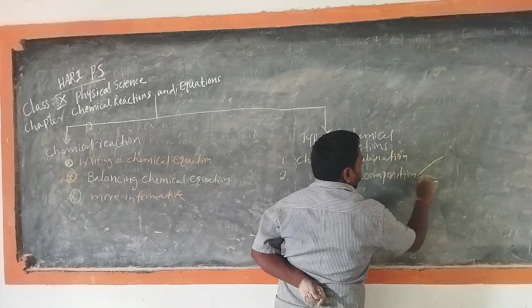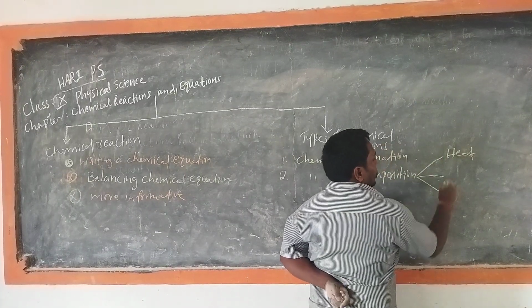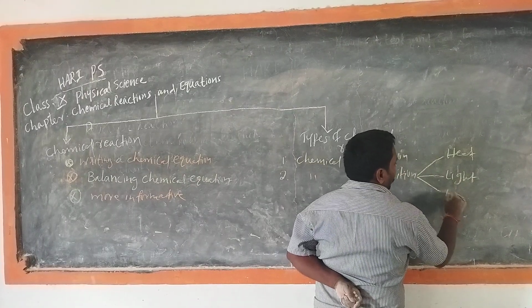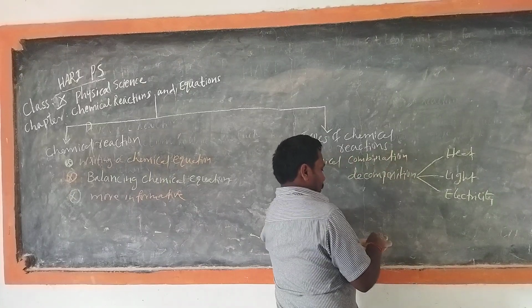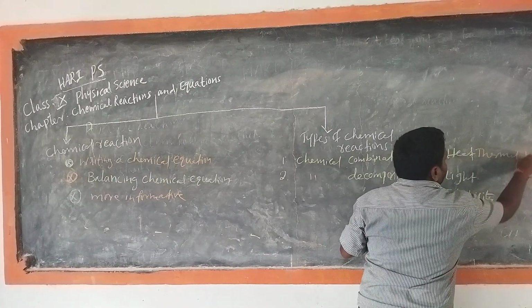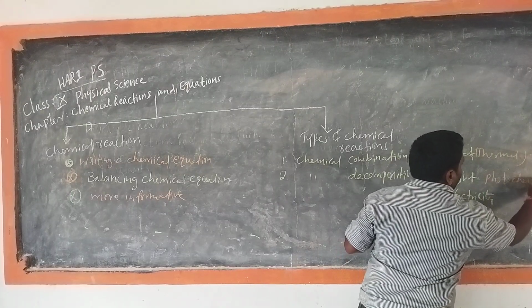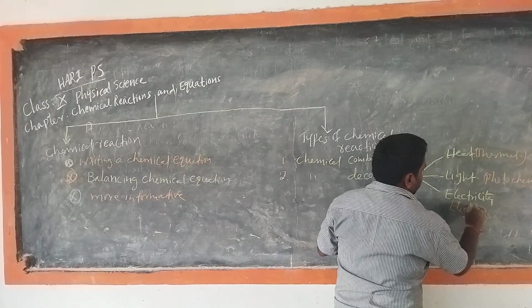In that there are three: in the presence of heat, in the presence of light, and in the presence of electricity. In the presence of heat, it is thermal decomposition; with light it is photochemical; and with electricity it is electrolytic.